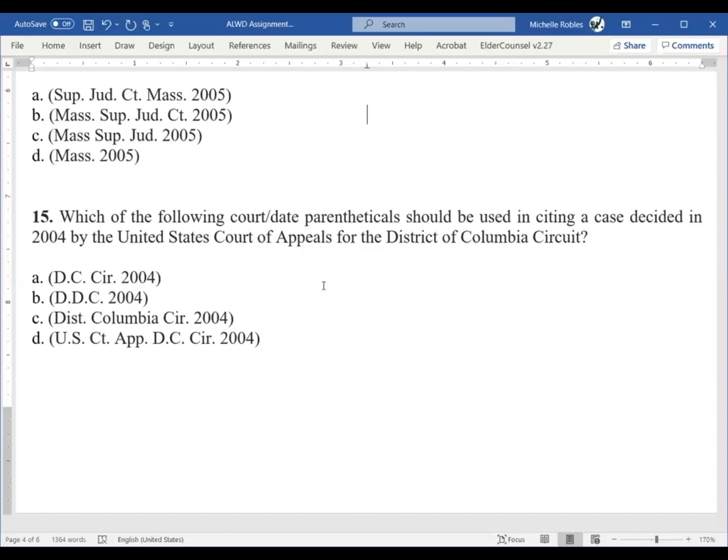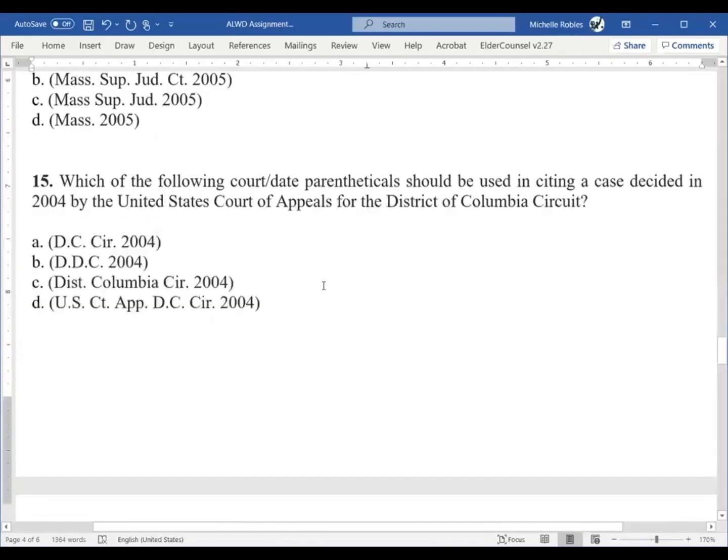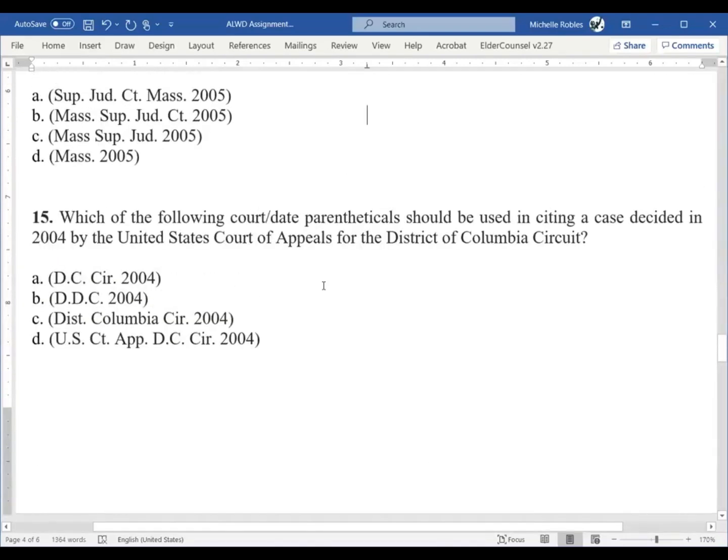By process of elimination, you should have picked number A as the correct one. You will continue to do that for the other examples in this assignment. If you have any questions, just let me know.